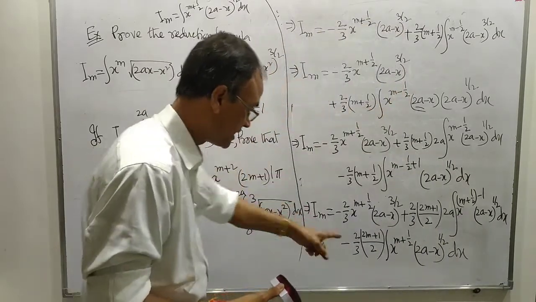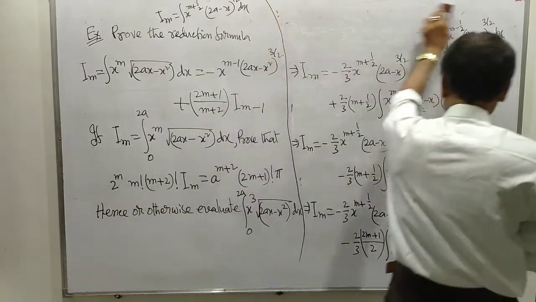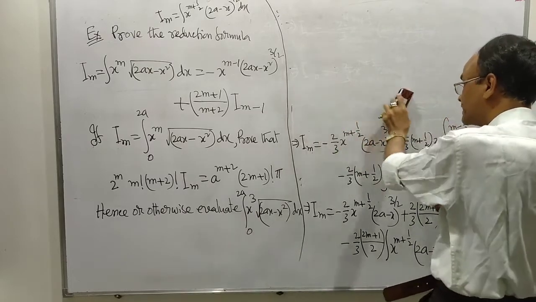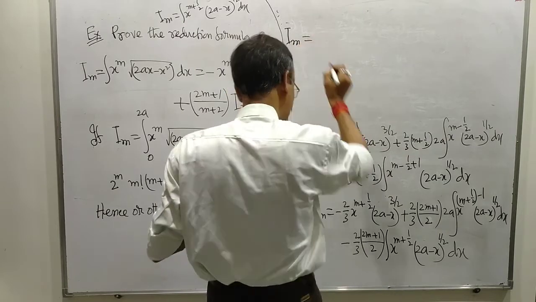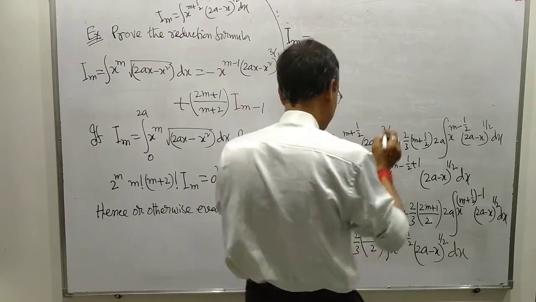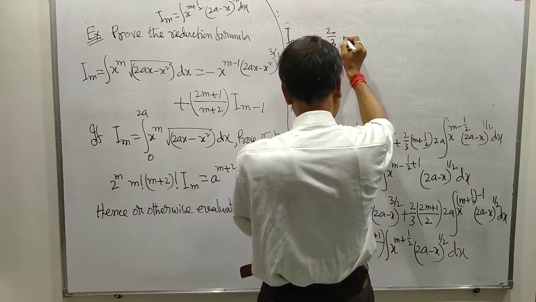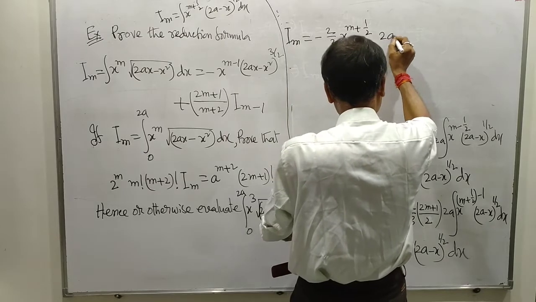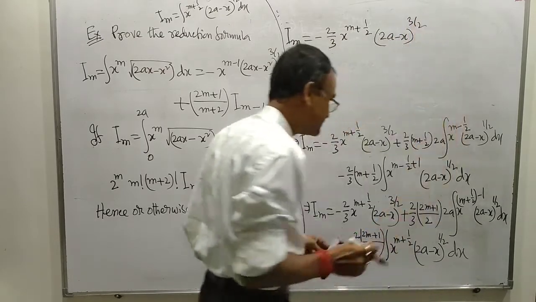Perhaps I have written up to this. Now, I_m is equal to minus 2 by 3 x to the power m plus half, no change of this term, whole to the power 3 by 2.